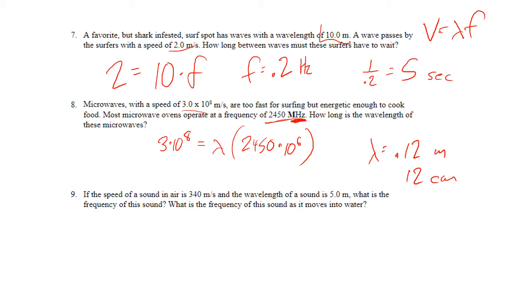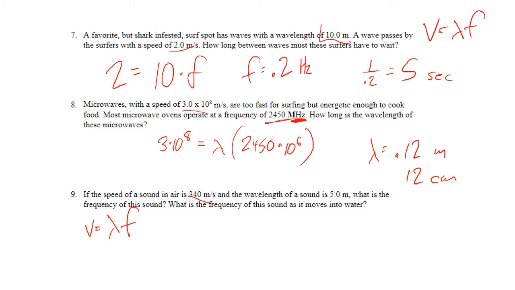If the speed of sound in air is 340 meters per second and the wavelength of a sound is 5 meters, what is the frequency of this sound? What is the frequency of the sound as it moves into water? We've got v is equal to lambda f.